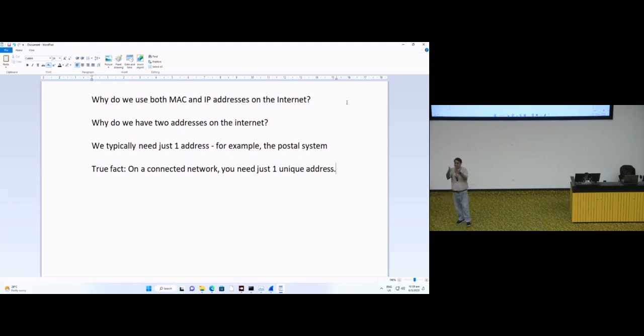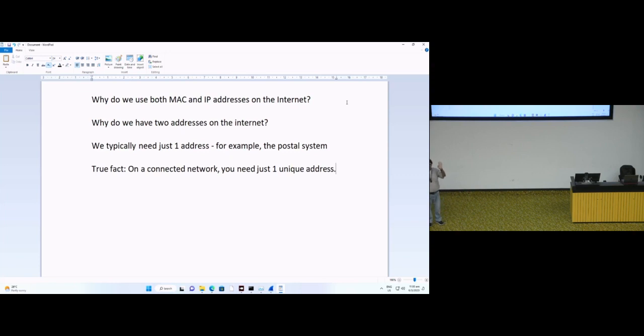So I don't need a MAC address to get an IP address. Okay, we'll get back to that. It turns out MAC addresses are unique, but that's okay.